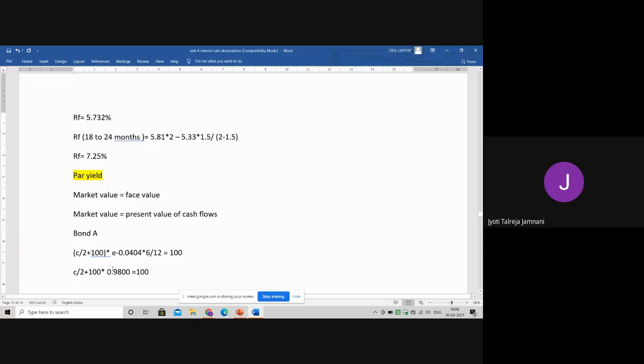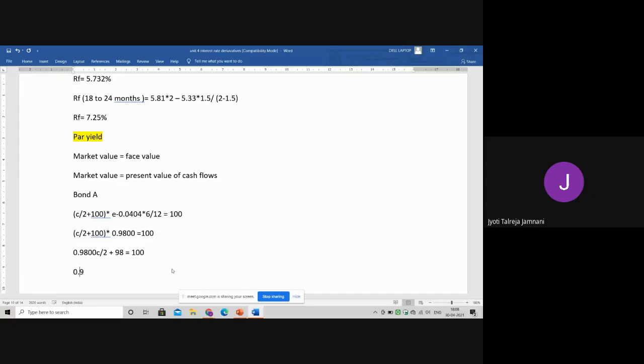Now we'll multiply this with the bracket first, and then we will find the C value. So it is 0.9800 C by 2 plus 100 into 0.9800 is 98, which is equal to 100. If we get 98 this side, it becomes 100 minus 98. So 0.9800 C by 2 is equal to 100 minus 98, which is 2 rupees.